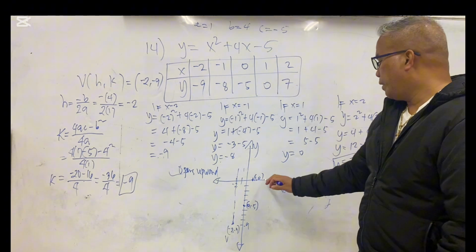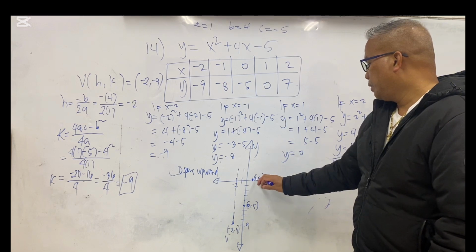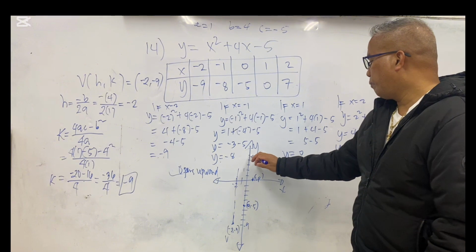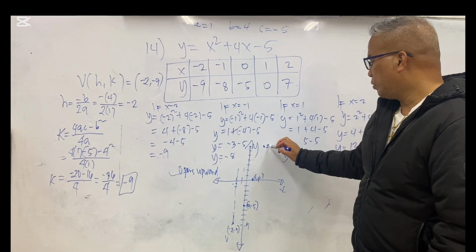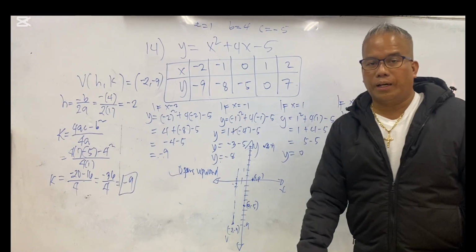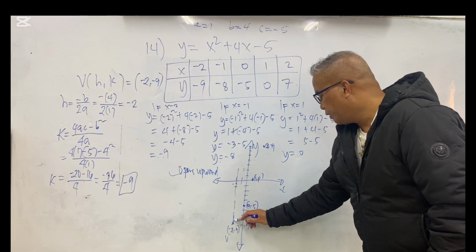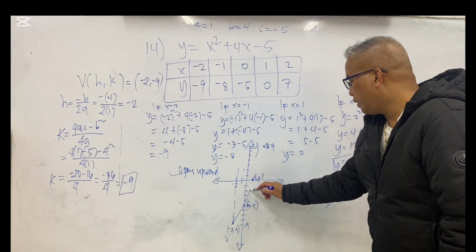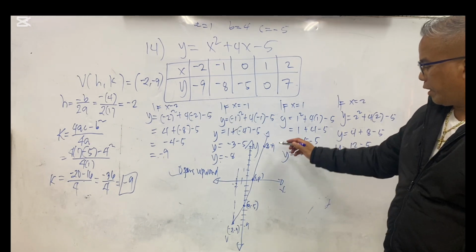And then 2, 7: 1, 2, 3, 4, 5, 6, 7, so somewhere here is 2, 7. If you connect these, this is the vertex. Don't use a ruler, just draw a smooth curve going up. This is the half of the parabola.